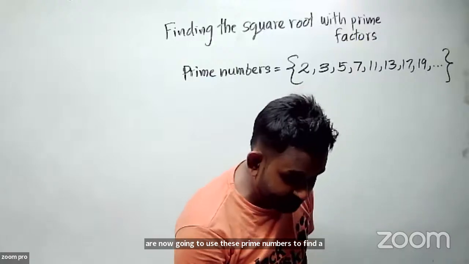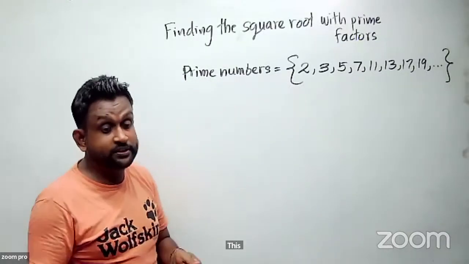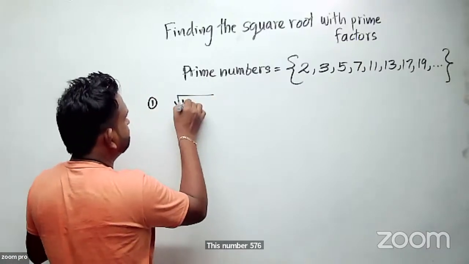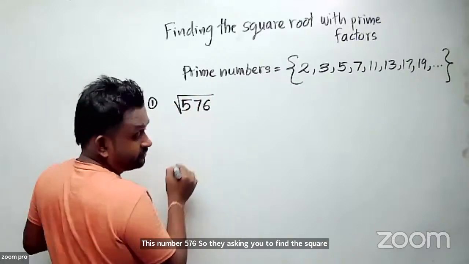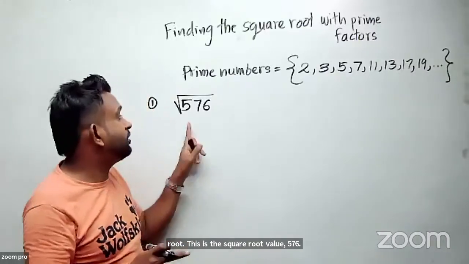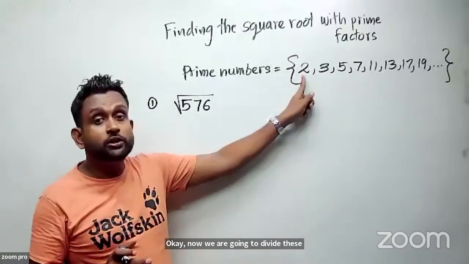First I take this number 576. They are asking you to find the square root of 576. Now we are going to divide this 576 by the prime numbers starting from 2.